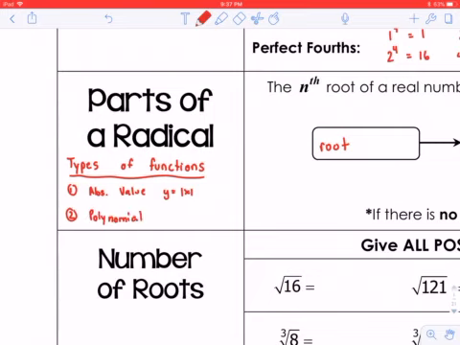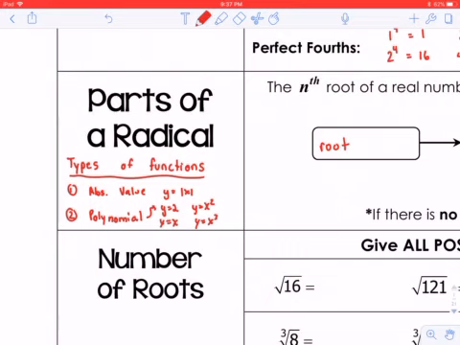You remember a polynomial can be like y equals 2, y equals x, y equals x squared, x cubed, and so on. When we're dealing with lines, we're dealing with polynomials. We deal with quadratic functions, that's a degree 2 polynomial.